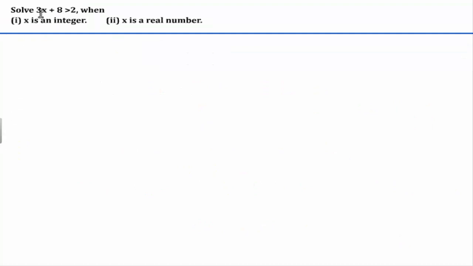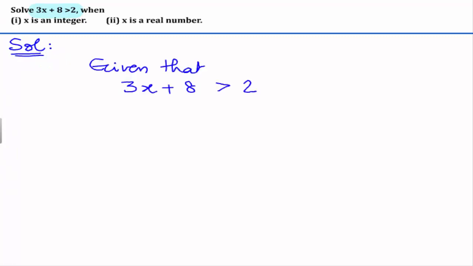In this problem, we have to solve the given inequality when x is an integer and when x is a real number. Let us see the solution for this now. The given inequality is 3x + 8 > 2. Let us subtract 8 from both sides.